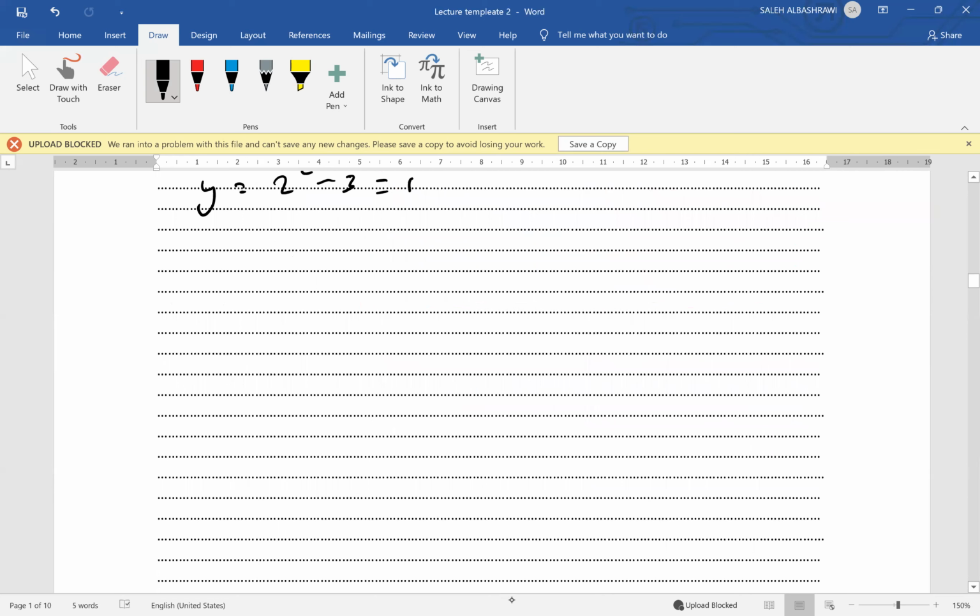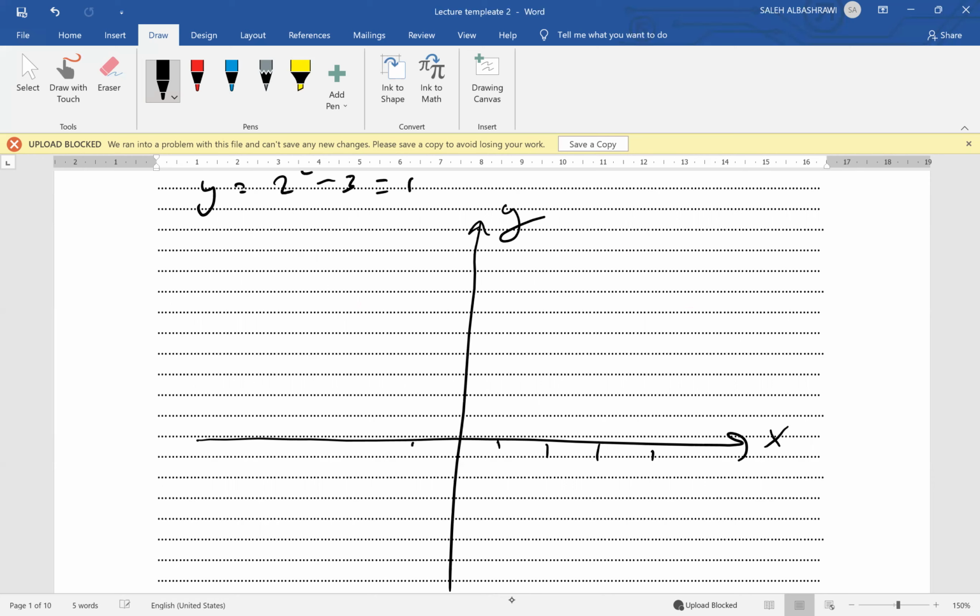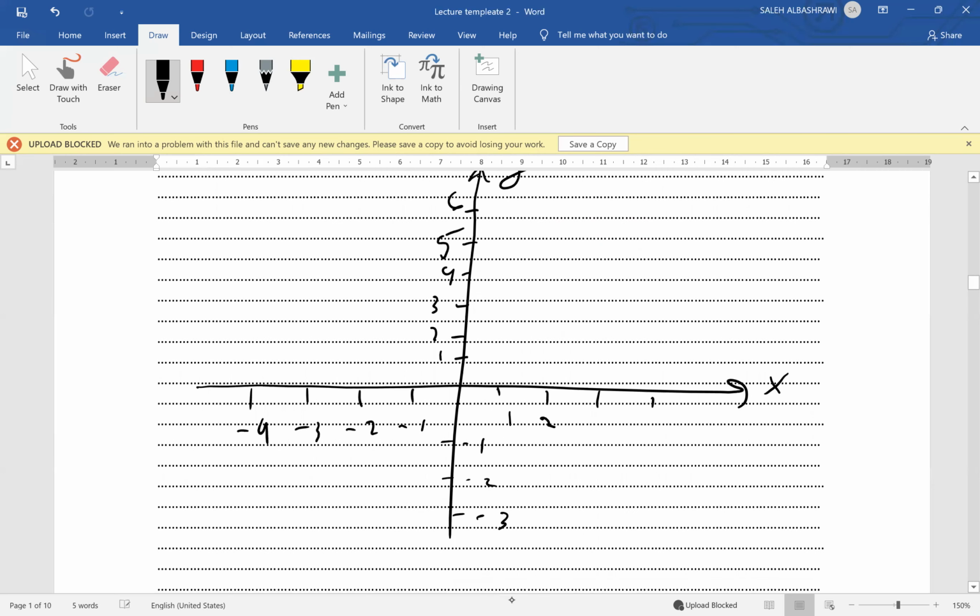I can say this is y and x. So I have x and y. 1, 2, 3, 4, minus 1, minus 2, minus 3, minus 4. 1, 2, 3, 4, 5, 6, down, minus 1, minus 2, minus 3, and this is 1, 2, 4.